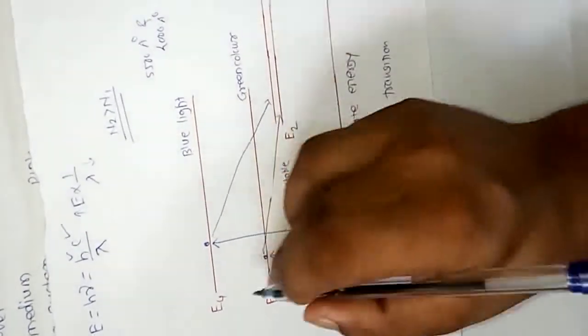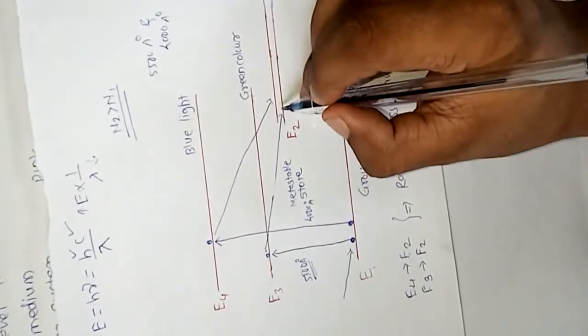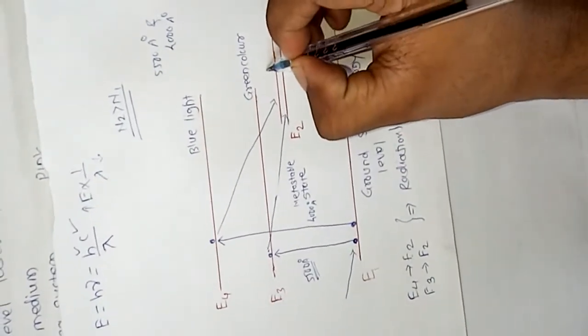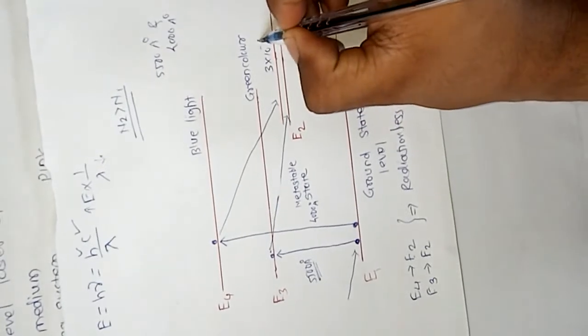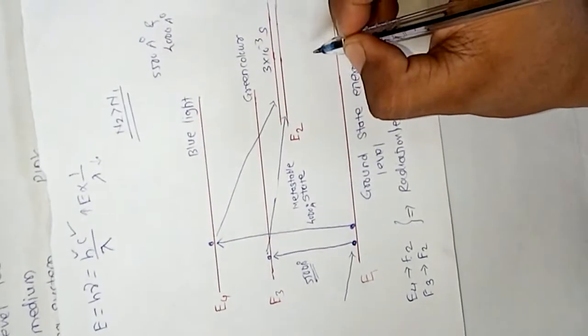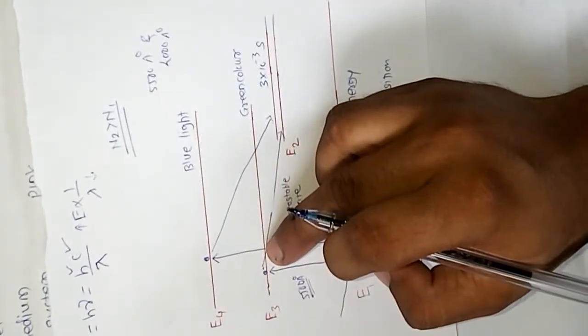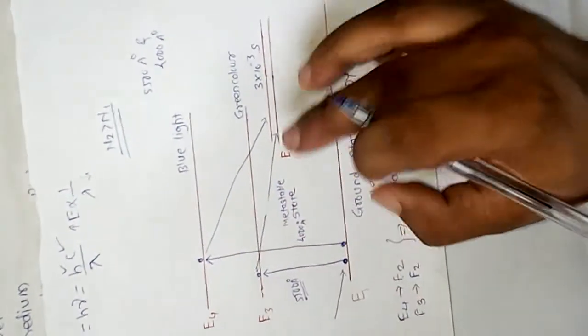Here, when the electron comes to the metastable state E2, the lifetime of this metastable state is 3 into 10 power minus 3 seconds. That is, this lifetime is more than the lifetime of the excited state energy levels.